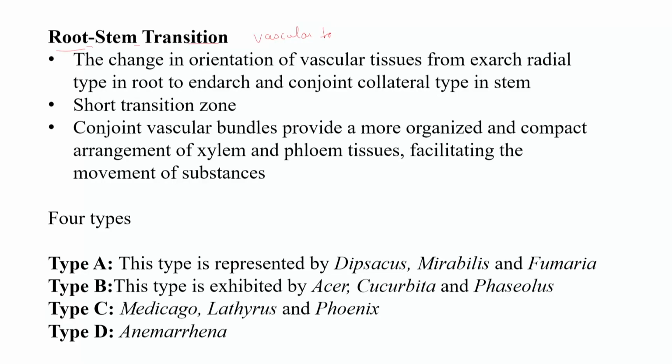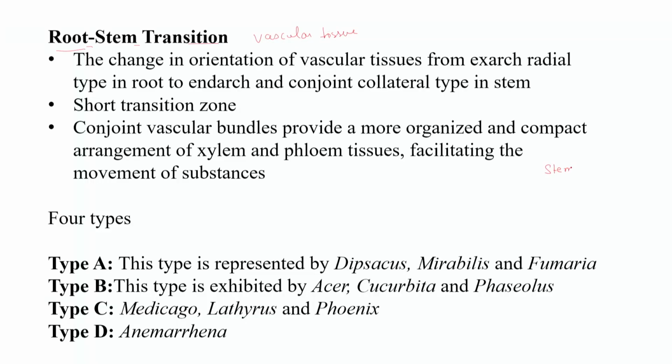Now let's try to discuss one very important concept, that is root stem transition of the vascular tissues. See, in stem, the arrangement of vascular bundles as well as the arrangement of xylem, that is protoxylem and metaxylem, is entirely different if we compare it with the root.